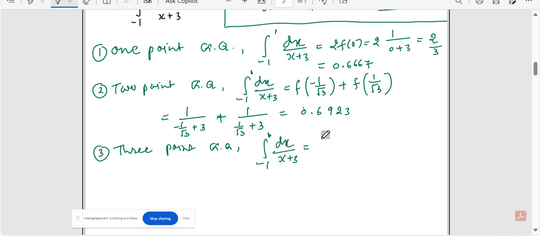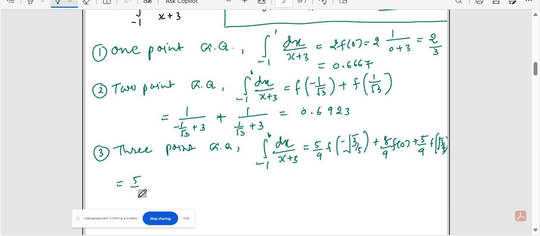Then 3-point Gaussian quadrature, we have the integral from -1 to 1 of dx upon x plus 3, that will be 5 by 9 f of minus root 3 by 5, plus 8 by 9 f of 0, plus 5 by 9 f of root 3 by 5. Okay, now you can find this.